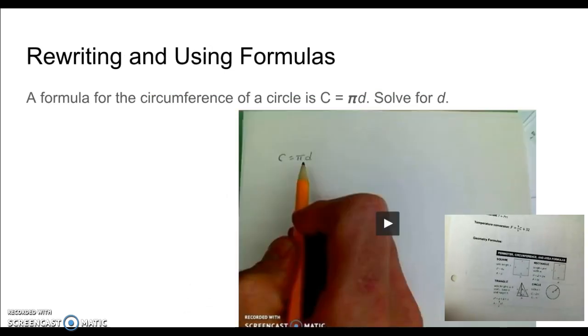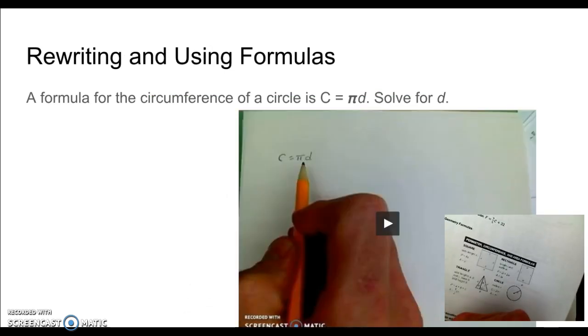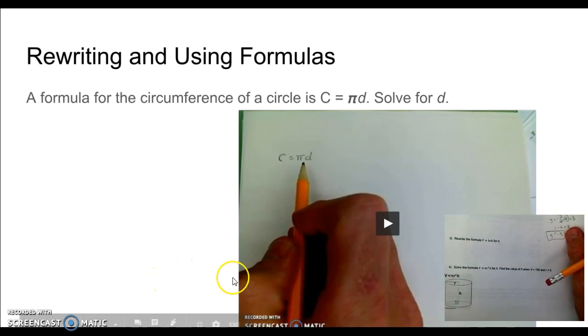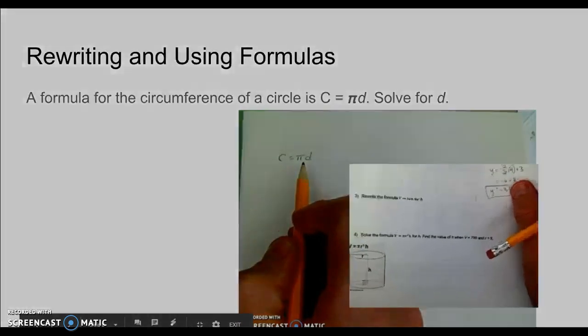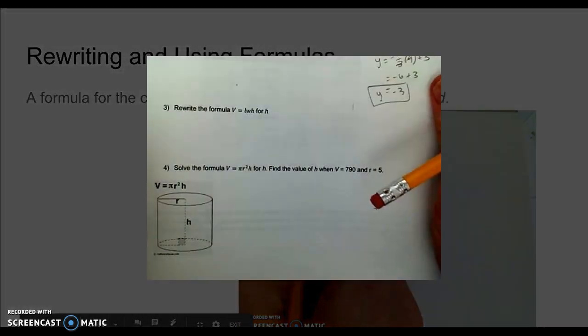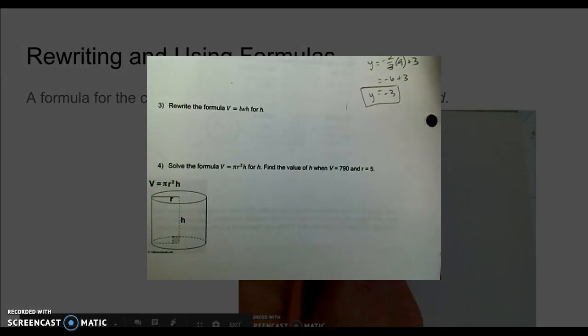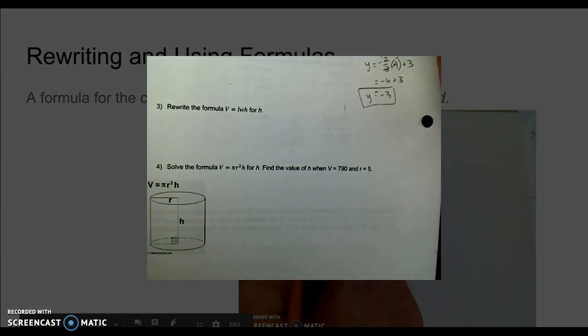So let's go ahead and rearrange a couple of those formulas. So the distance equals rate times time formula.